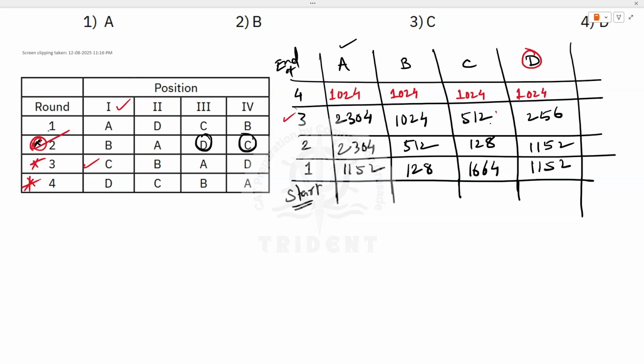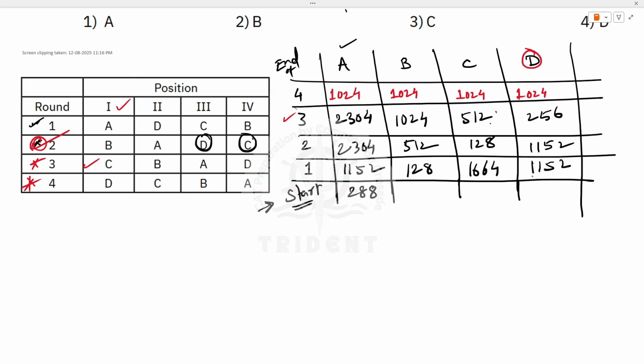Now the first round, at the end of the first round is where the amount of money they started with. So who is ranked 1? A is ranked 1. That means whatever the amount of money again became 4 times of it. Okay. So just divide 1152 by 4. You will get 288.